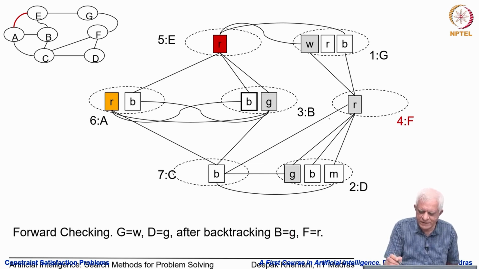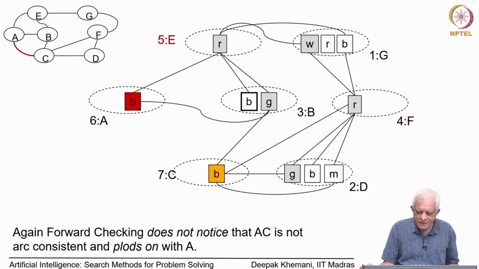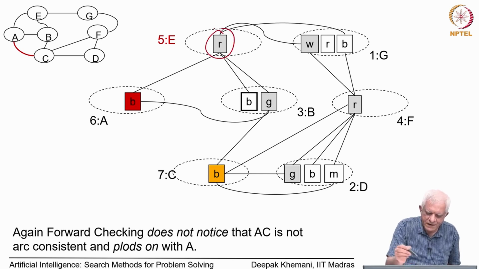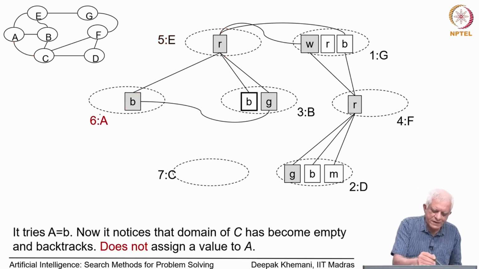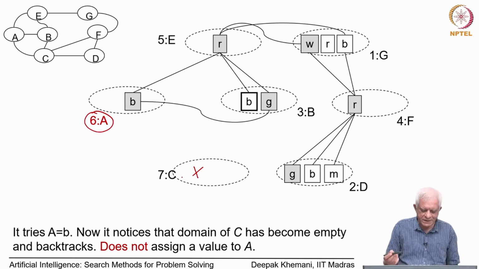So, it is again going to consider a value R for F, and then it is going to consider a value of R for E after F. It still does not see that these two are inconsistent. So, it selects the value, and only when it comes to variable 6, which is A, then it deletes the value for C. It notices that it is empty, and then it backtracks.